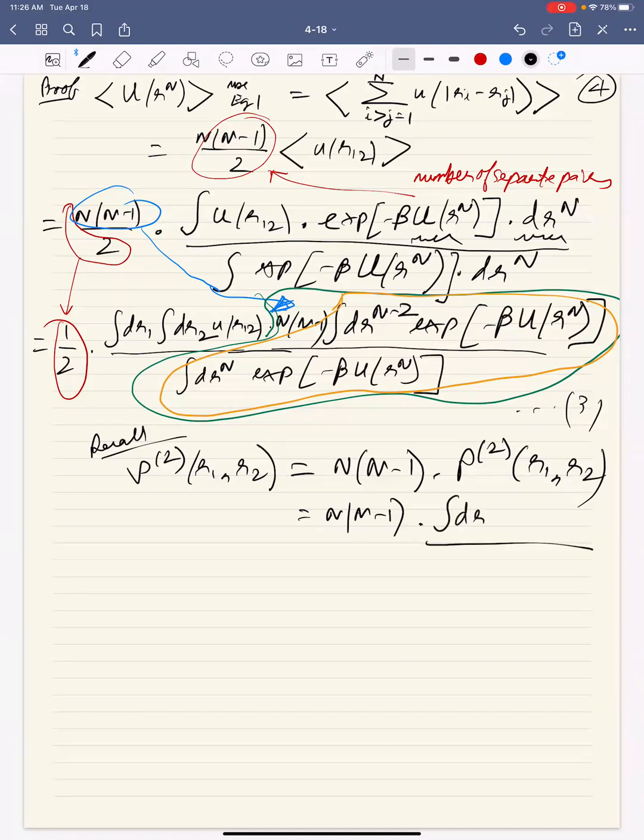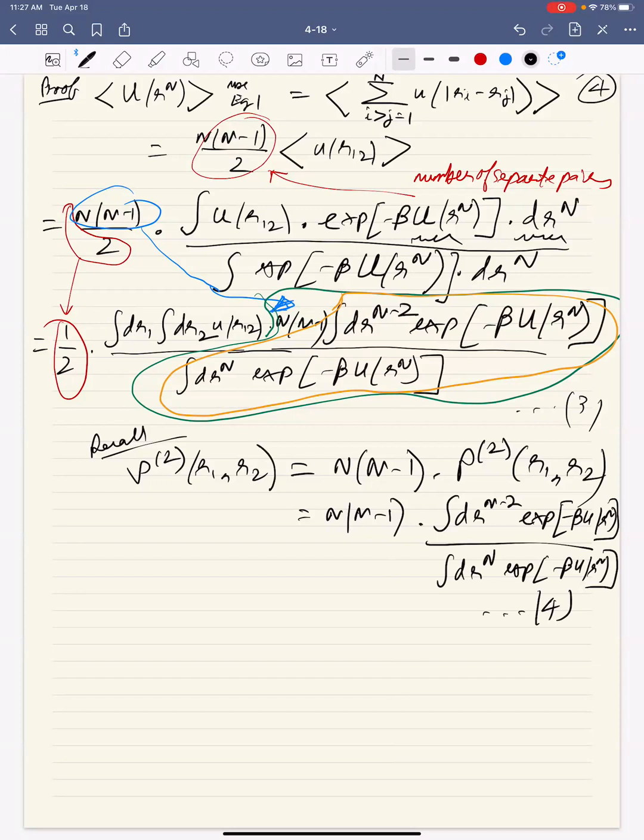You go and integrate out everything else that you have except R1 and R2. And in the denominator, you have the full partition function. So that's equation 4. Equation 4 is telling us that all of the stuff that you have in the green bracket is simply rho 2 of R1, R2.